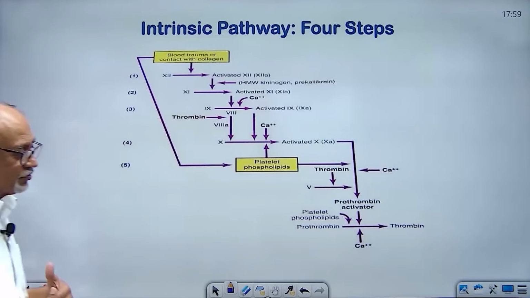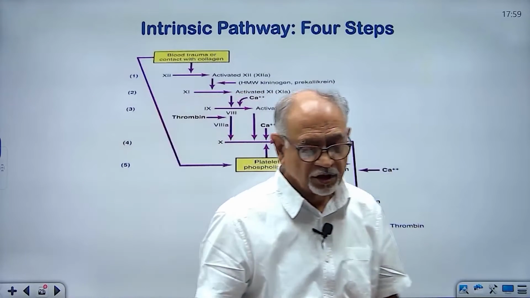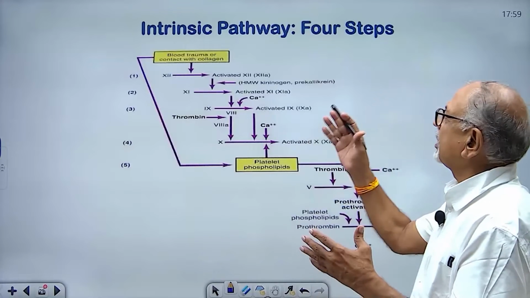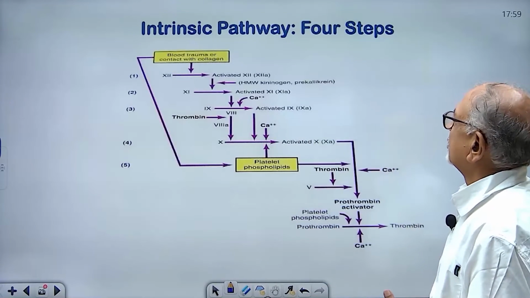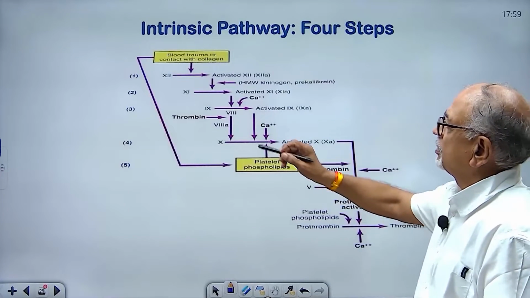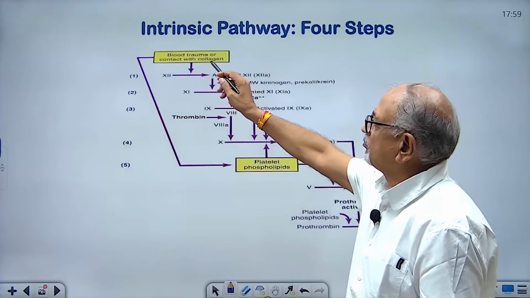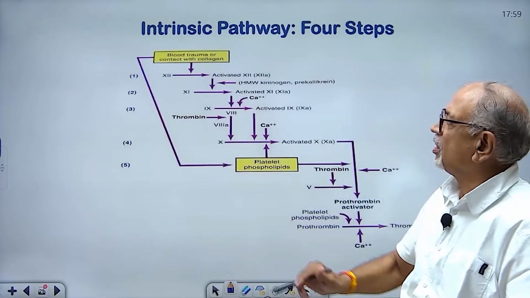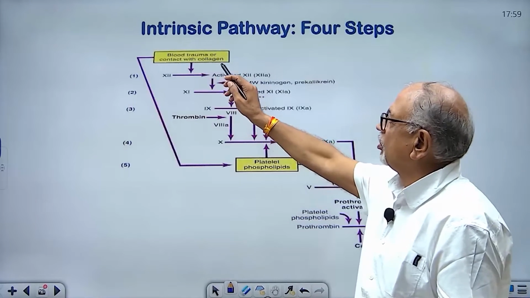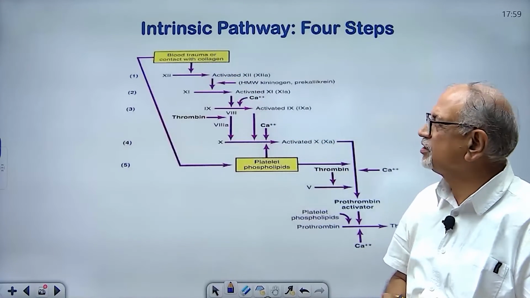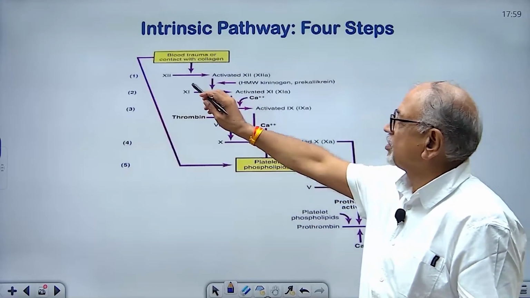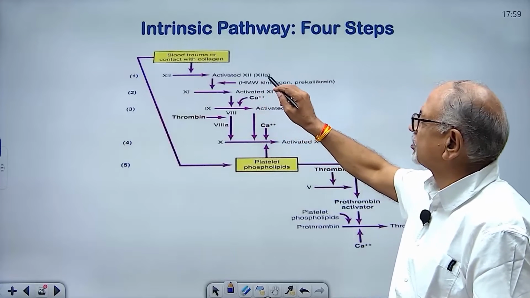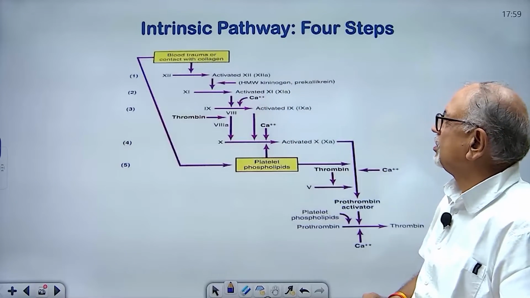Now, here in this flow chart, you can see the whole intrinsic pathway. Here, when there is some trauma with the contact of negatively charged collagen, factor 12 is activated into factor 12A.